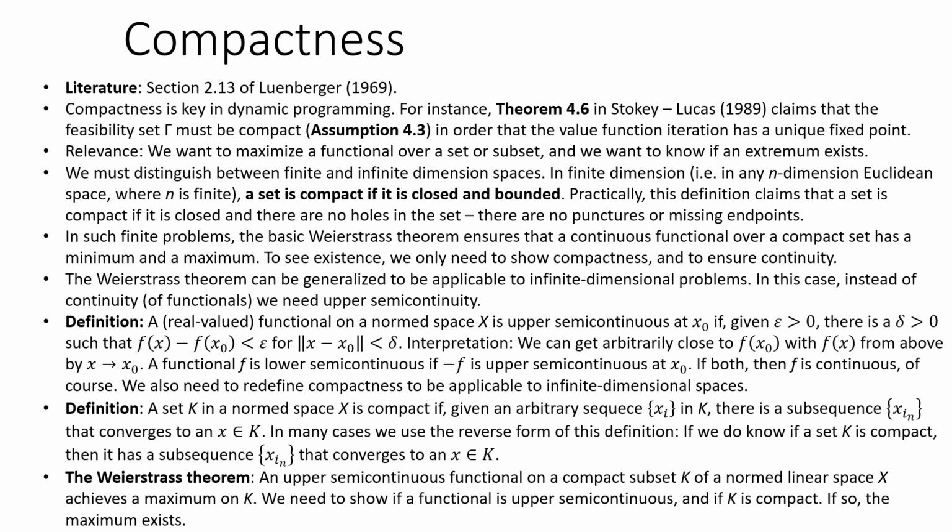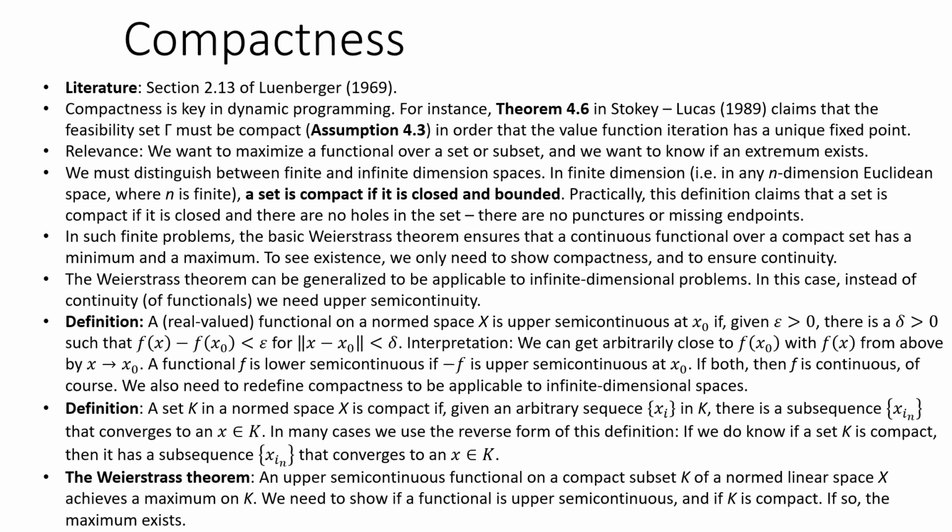In finite dimension, in general, this is the n-dimensional Euclidean space where n is finite. So in finite dimension, we say that a set is compact if it is closed and bounded. Practically, it means that there are no missing points in the set.